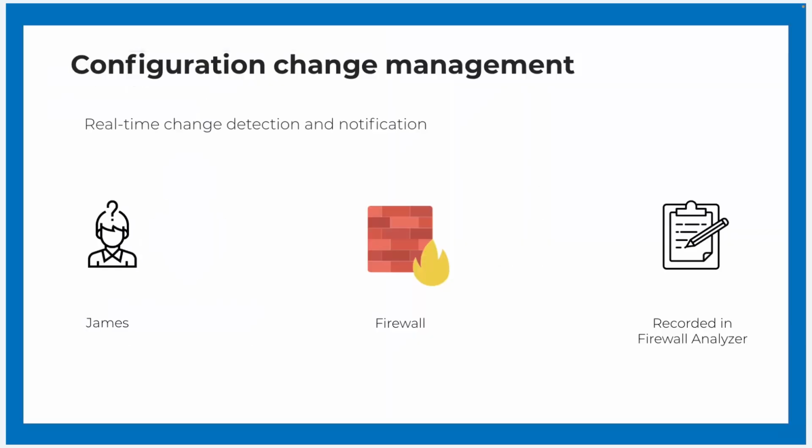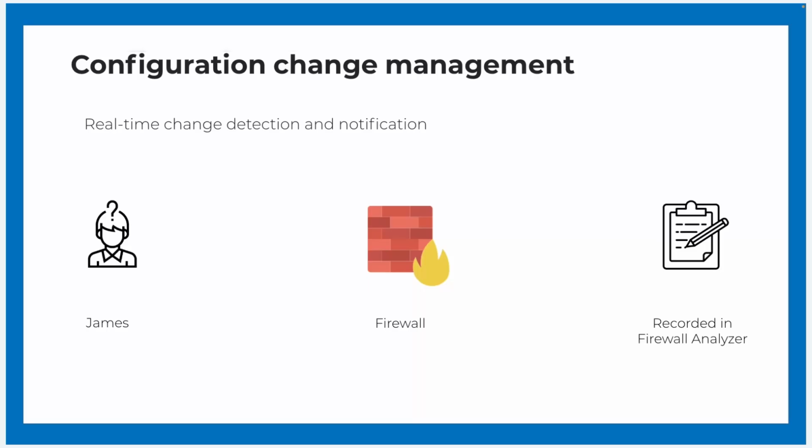As mentioned before, changes made to the firewall configurations have gone unnoticed previously, but with Firewall Analyzer, if say the employee who quit the company goes by the name James, makes a change to your firewall device, this is automatically recorded by Firewall Analyzer.